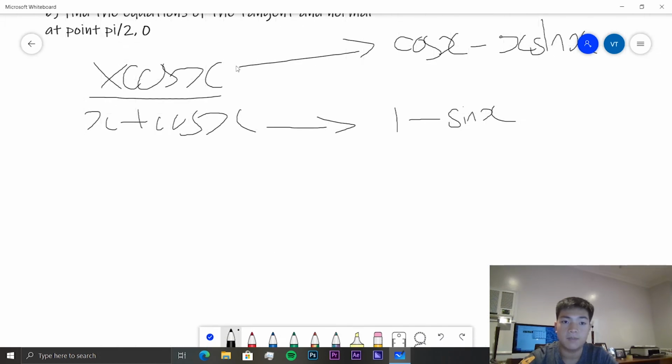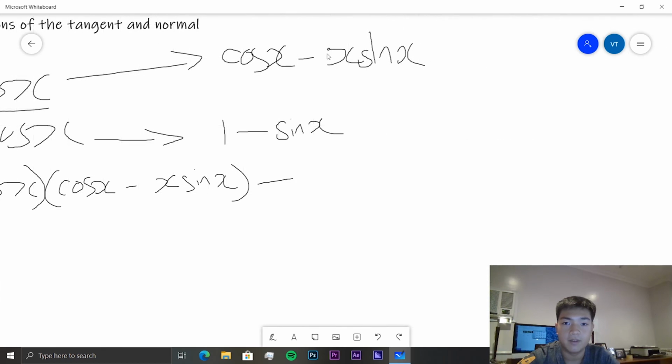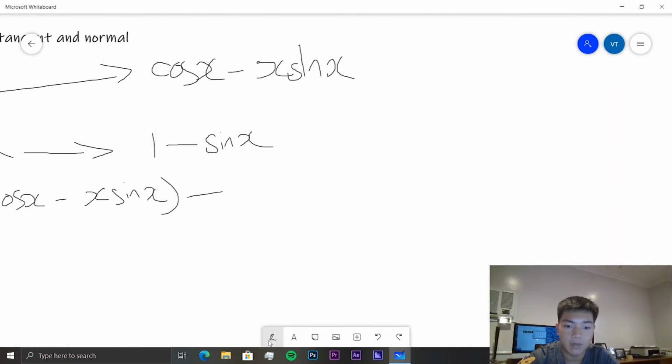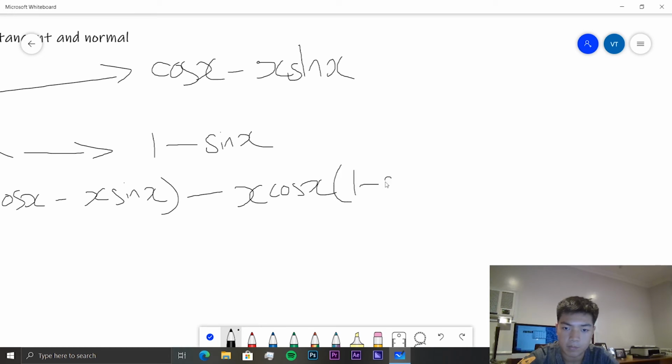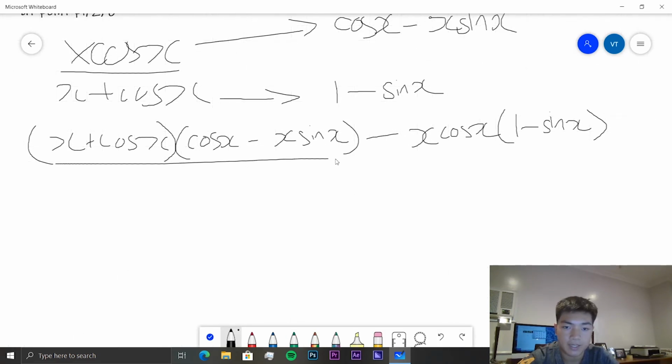So the top of this new equation will be x plus cosine x times cosine x minus x sine x, minus x cosine x times 1 minus sine x. And it's all over the bottom squared, so x plus cosine x squared.